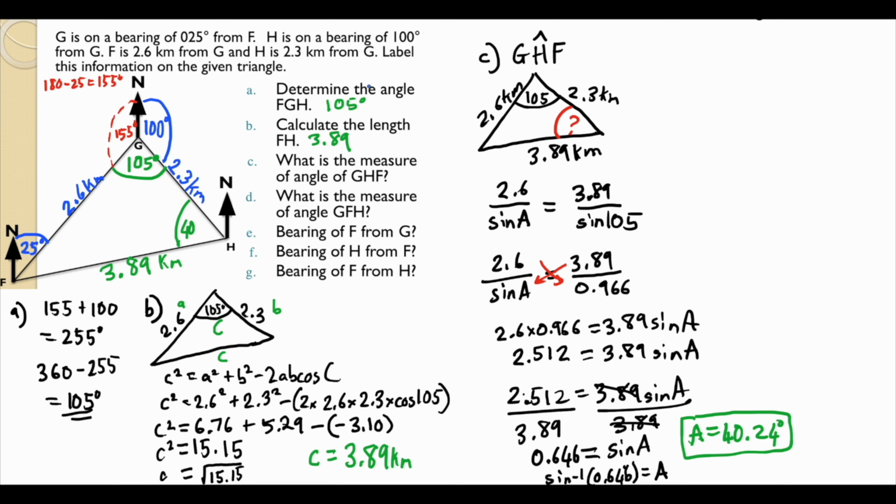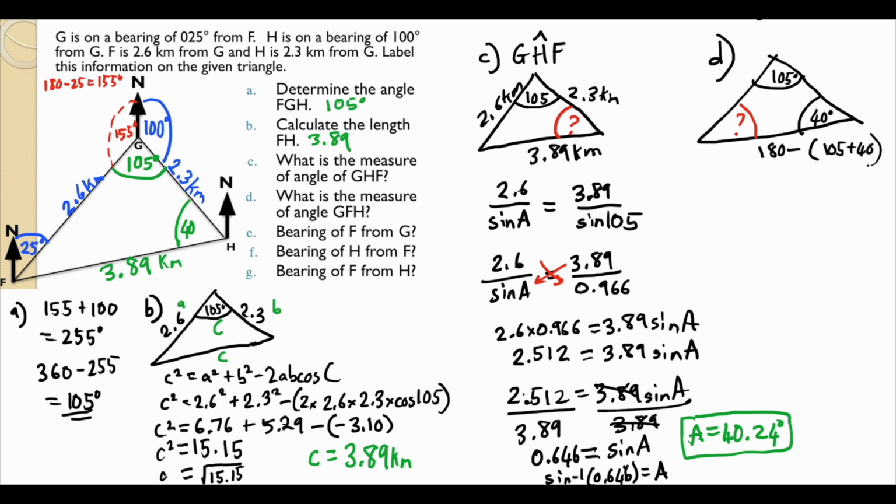All right, so let's try D now. So D is, what is the measure of angle GFH? So now we have two angles. So here is 105, and we just worked out what here is. Here is 40. So what would be this angle here? How can we work this part out? Add both angles and then subtract from 180. Wonderful. So 180, subtract whatever we get when we add these up. 145.